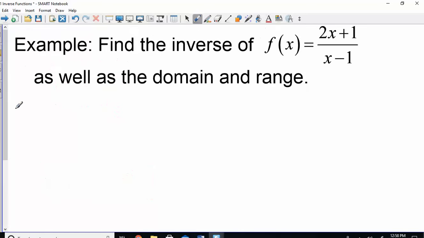Let's do another one. Okay. So if I want to find my inverse, first step, then we switch x and y. Because I have multiple x's, that means now I'm going to have multiple y's.